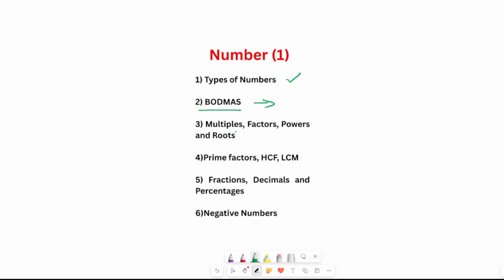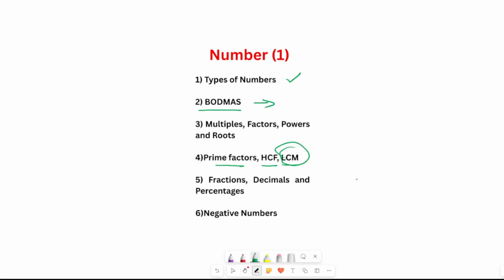We looked at multiples, factors, powers, and roots. We defined them and tried to explain what they mean. We looked at prime factors, HCF and LCM. And here, the biggest thing I want you to remember is when you have to find an LCM for big numbers and you don't have a calculator or you are not allowed a calculator, you should be able to use an advanced method that I explained in lesson 4 to find the LCM of big numbers.